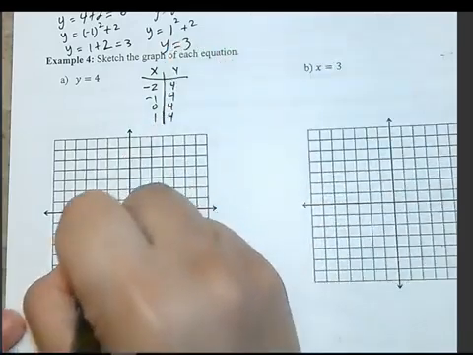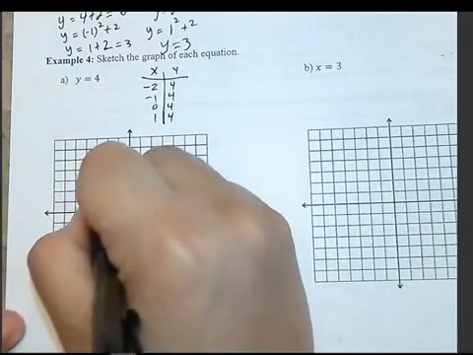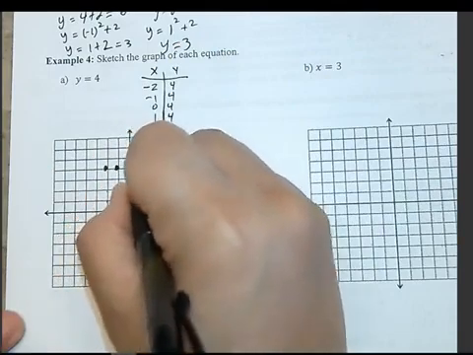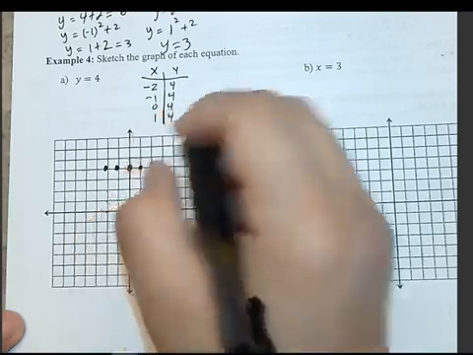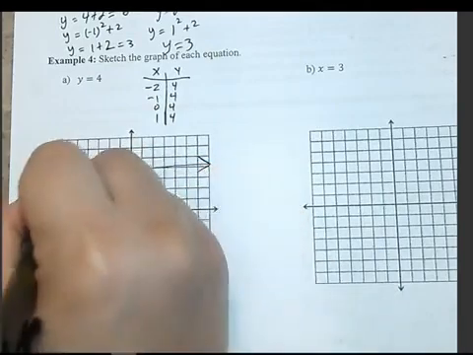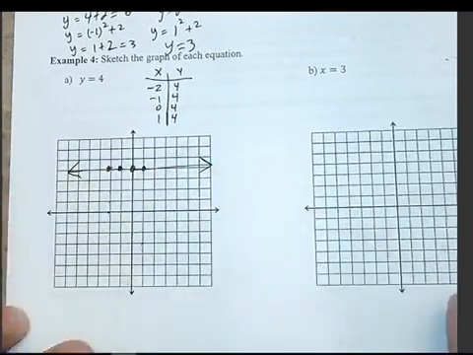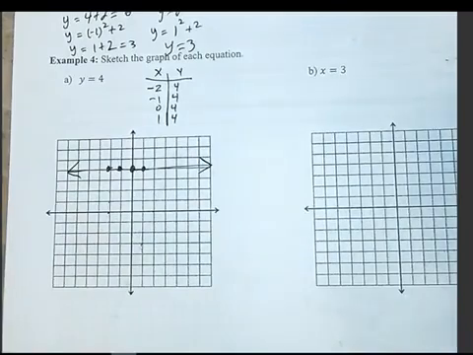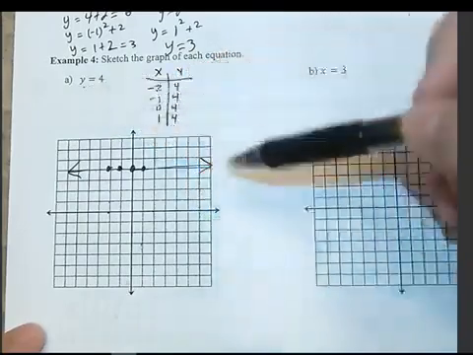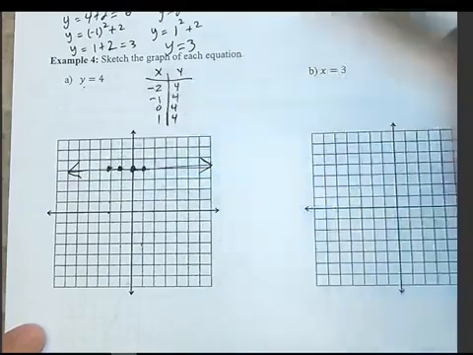So we plot this in, we get -2 and 4, -1 and 4, 0 and 4, 1 and 4, and so on. So if I connect my points, then we get a horizontal line at y equals 4. So anytime you have y and a constant, it's going to be a horizontal line.